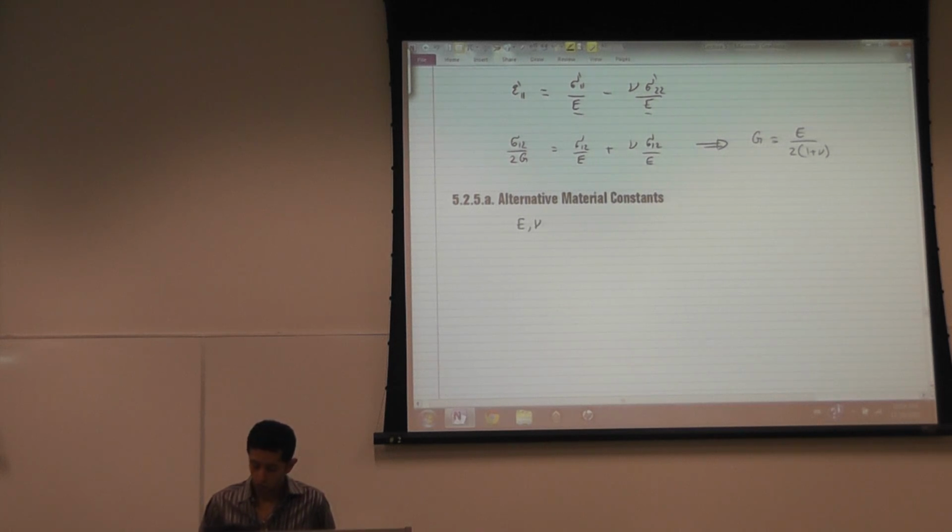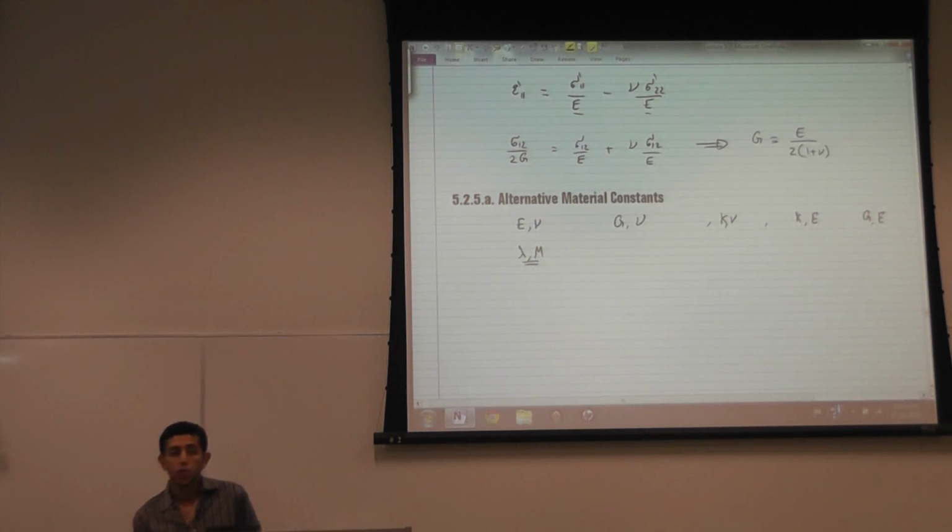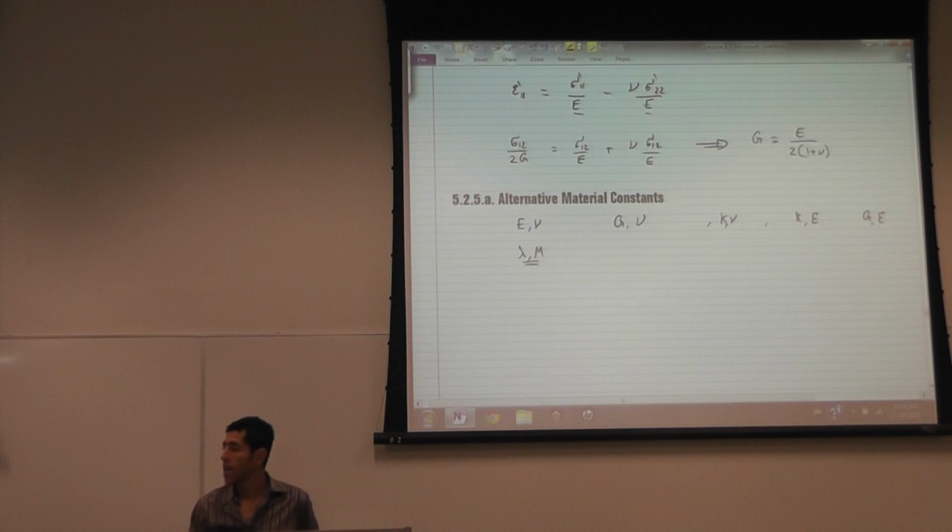Or you can represent the relationship using G and Poisson's ratio. Or using K and Poisson's ratio. Or using K and E. Or using G and E. Or using lambda and mu, which are called the Lamé constants. So there are different material constants, and the relationship can be fully described by any two of those.